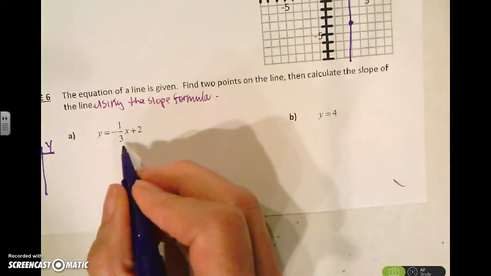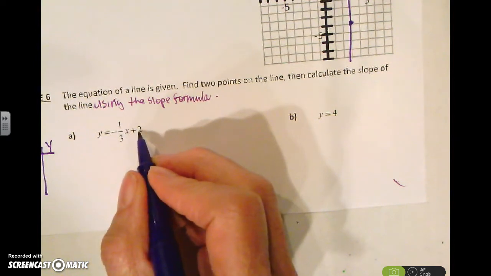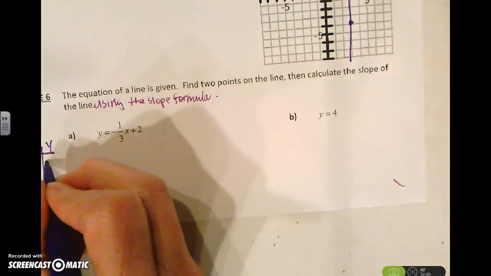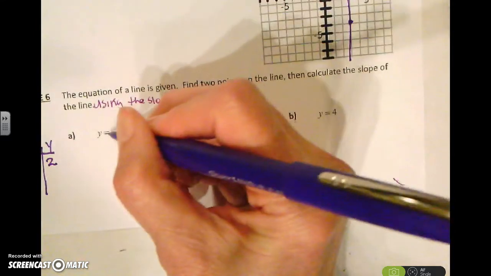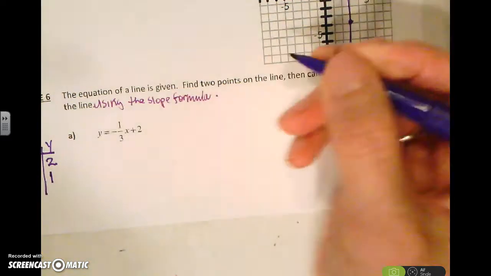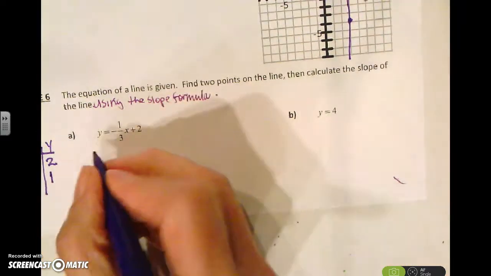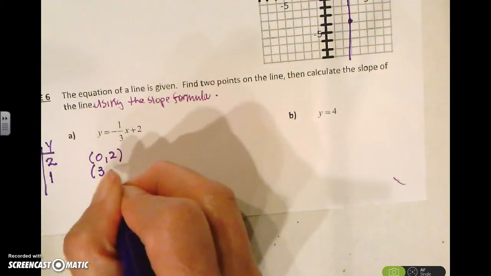So if x is 0, we get negative 1/3 times 0 plus 2. So 0 plus 2 is 2. And then we might use a 3. Negative 1/3 times 3 is negative 1, and negative 1 plus 2 is 1. So we're going to use our 2 points, which are 0, 2, and 3, 1.